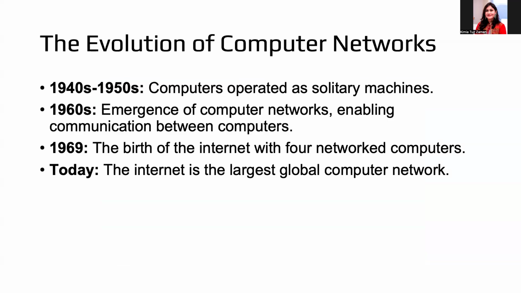In the 1940s and 1950s, computers were largely isolated machines. They operated independently without any direct connections to other computers. Each computer worked as a solitary unit, processing data and running programs on its own. However, by the 1960s, a significant shift began to take place with the emergence of computer networks.